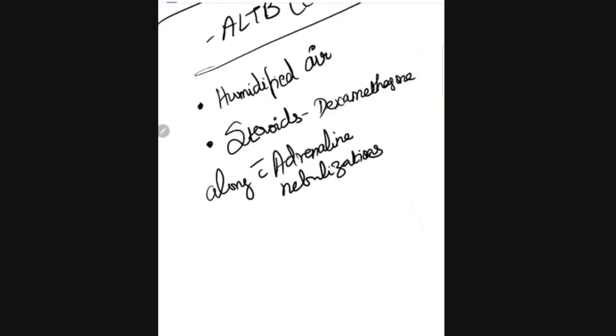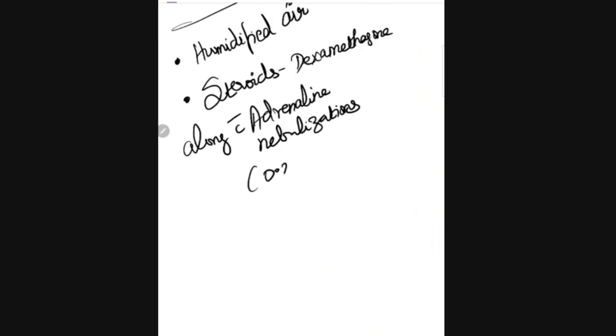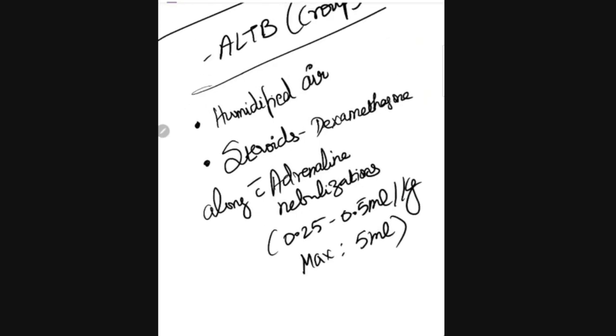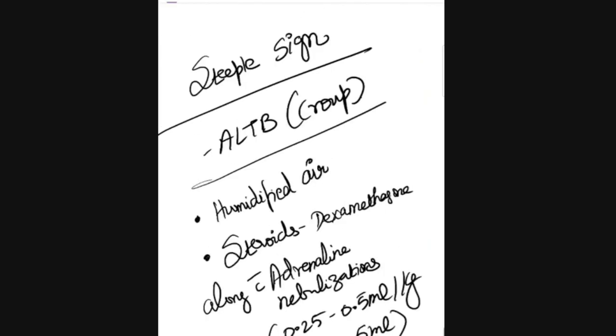We give raw, undiluted adrenaline nebulizations, 0.25 to 0.5 ml per kg, maximum of 5 ml. If you give a steroid to reduce the airway edema as well as an adrenaline nebulization, you will see the cough gets reduced. What is that cough? It will be a barking cough.